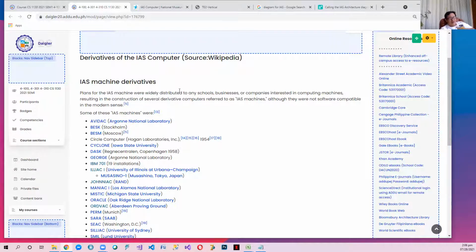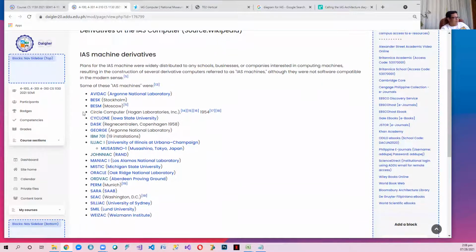It's like the IBM PC, no. It was copied several times. Diba? If you have an IBM PC, you don't have an original IBM PC anymore, because IBM stopped making computers. The computers we have now are all IBM PC derivatives. Okay, so let us just mention the important ones.